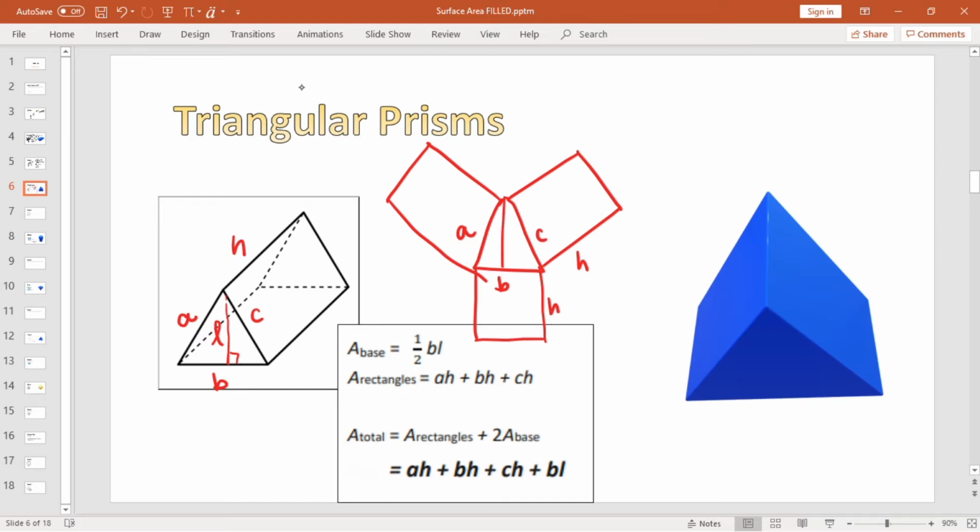And then you have that triangle, which is 1/2 base times length. And because I have two of them, 1/2 base times length times 2 is just going to give me base times length, which is this guy in the formula. So add all the rectangles together, 1, 2, 3, and then add the two triangles in.